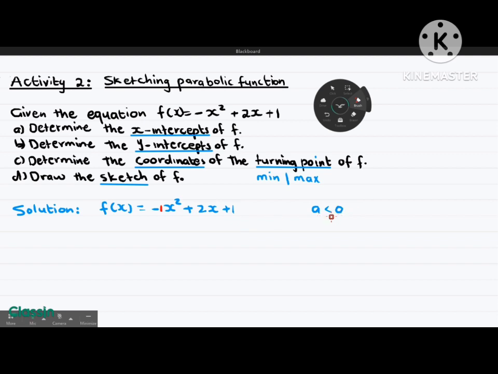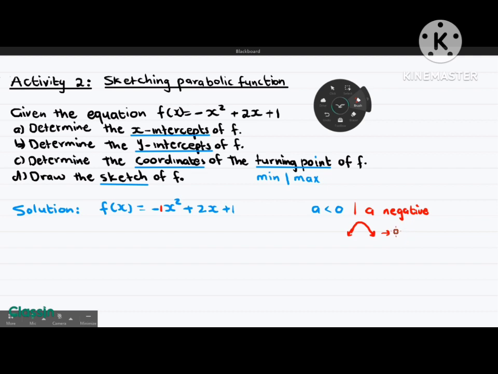Once our a is any number less than 0, a negative, I hope you remember the shape of your graph. If a is less than 0, it means that we expect our shape to be a sad face.